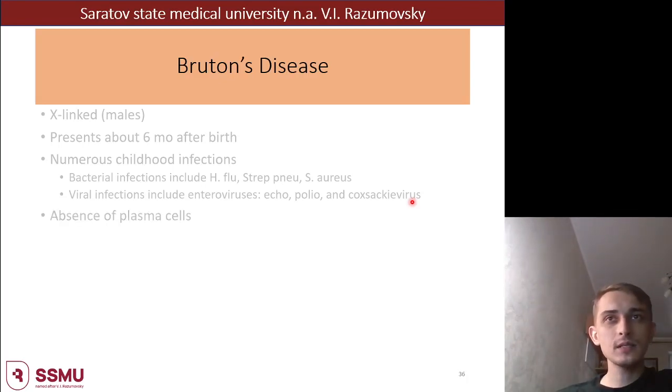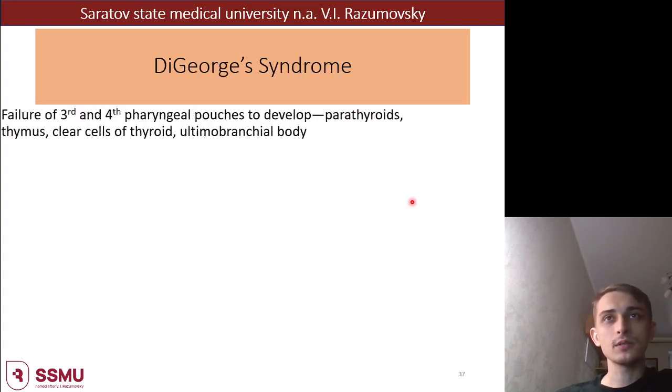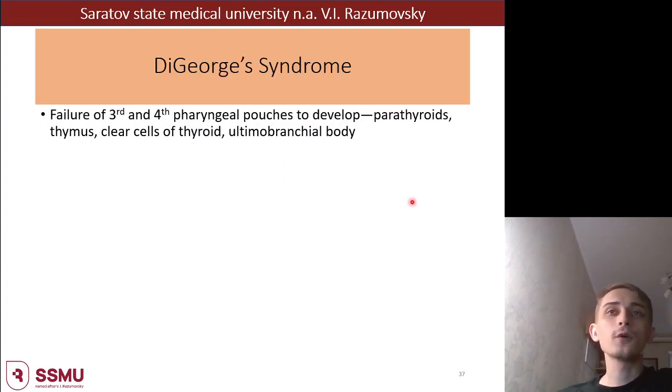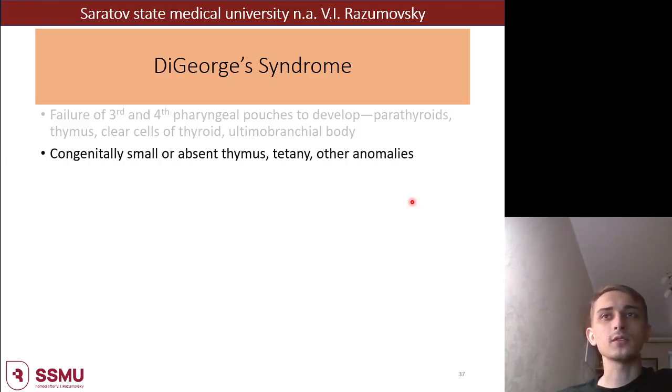The next syndrome is DiGeorge syndrome. It's failure of the third and fourth pharyngeal pouches to develop. Parathyroids, and also we may see some changes in the thymus, clear cells of the thyroid, ultimobranchial body, and so on. Also, it is associated with a congenitally small or absent thymus, and the thymus is a center of the immune system of our body.